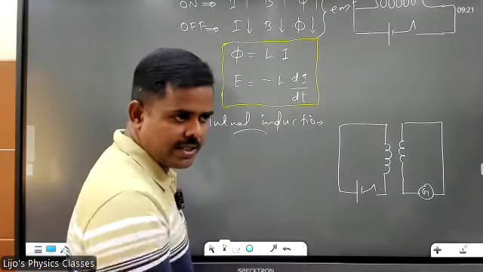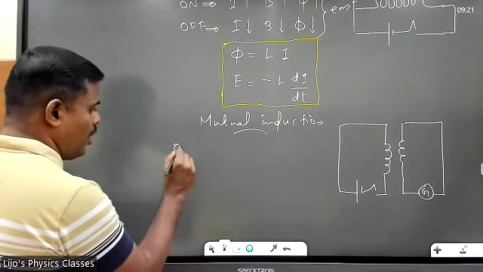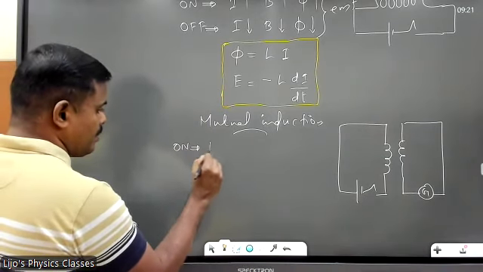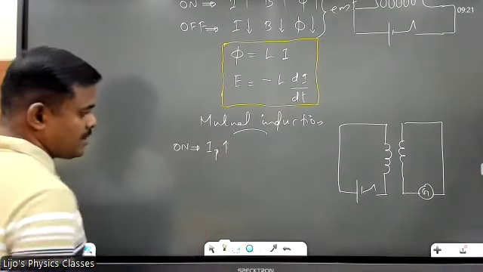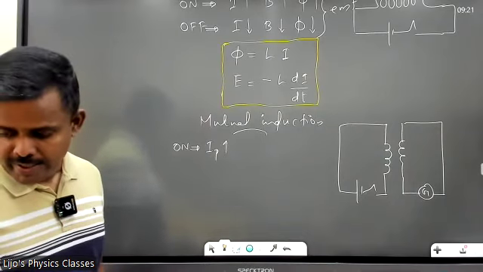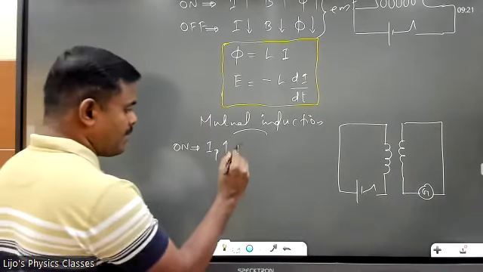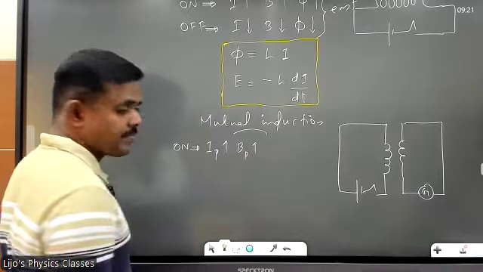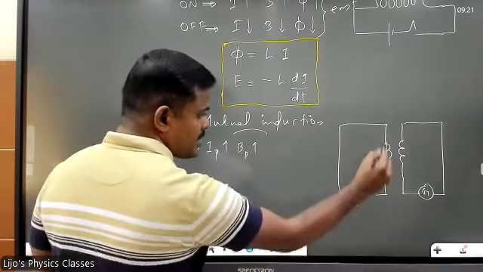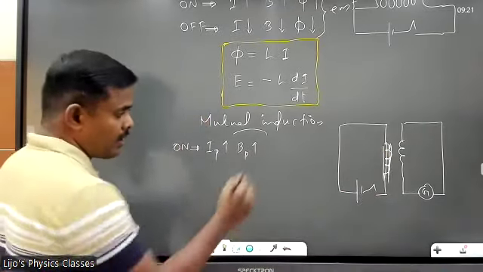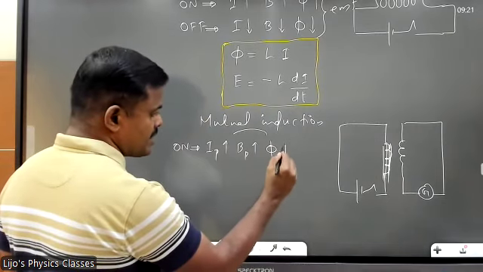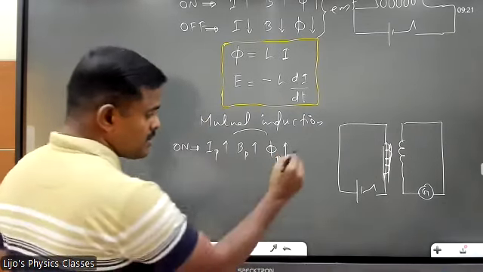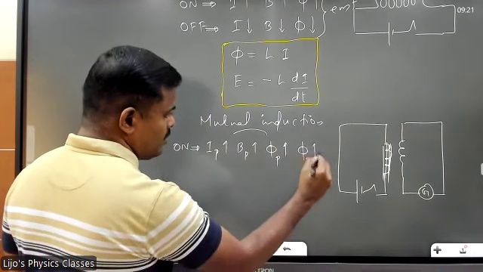Current starts increasing. So you can write: primary current increases. When primary current increases, primary field increases. There is a magnetic field inside the primary. Automatically, primary flux increases. So secondary flux also increases.